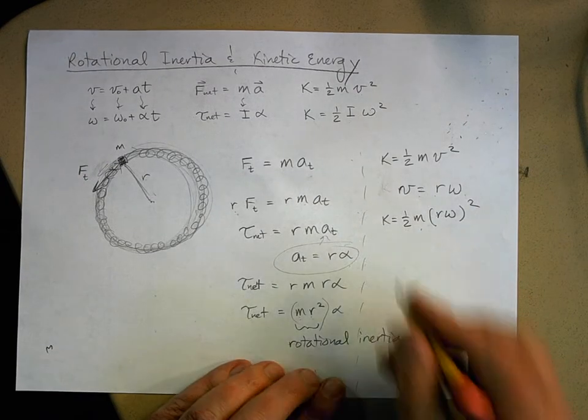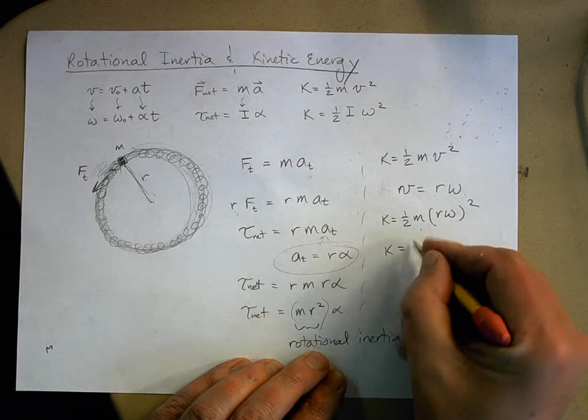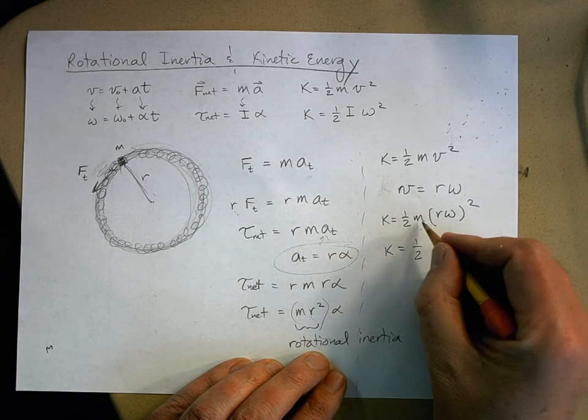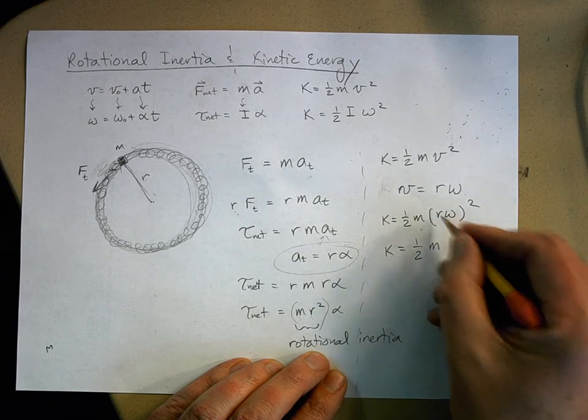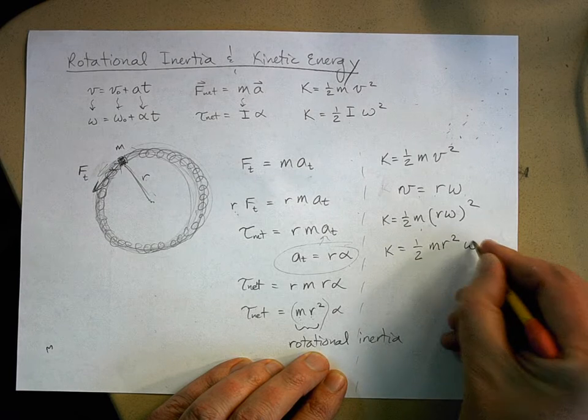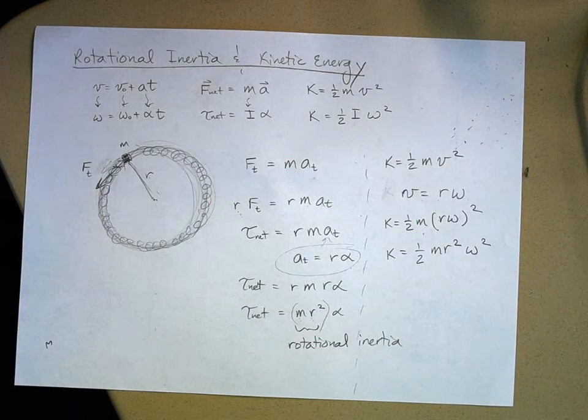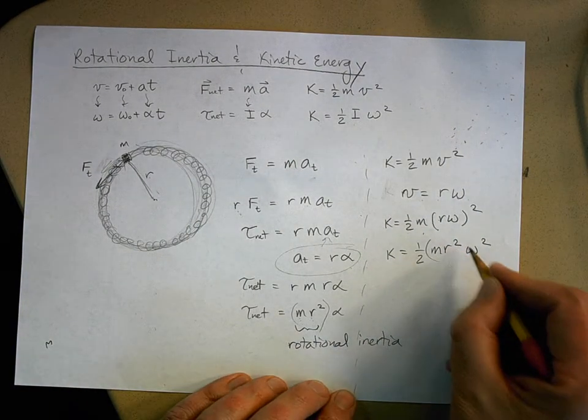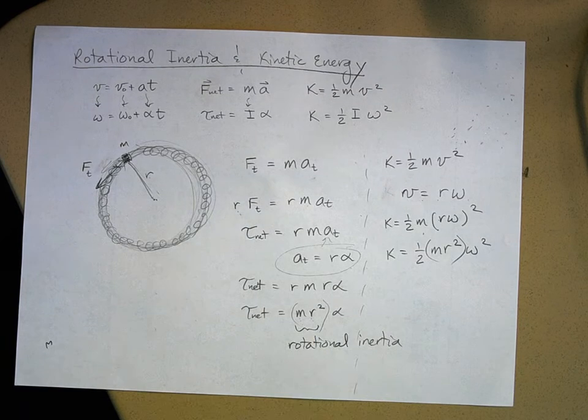Now look at this. This is m, this is r squared, and this is omega squared. And what do you notice is right here again, just like we had when we did torque? We've got mr squared. So that's rotational inertia.